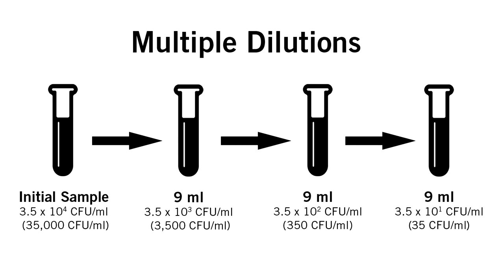We would take 1 milliliter from the initial tube and place it in 9 milliliters. This would equal 3,500 CFU per milliliter, or 10 to the third. Another dilution would take the concentration to 350 CFU per milliliter, or 10 to the second, and the final dilution would equal 35 CFU per mL, our target concentration.